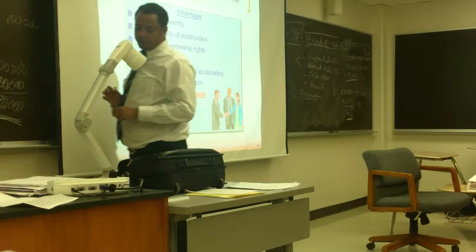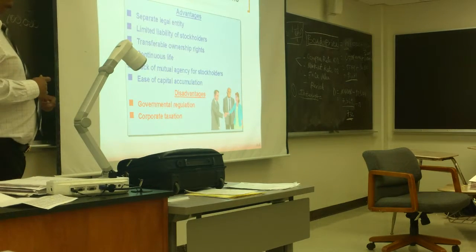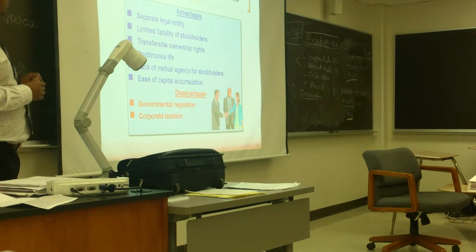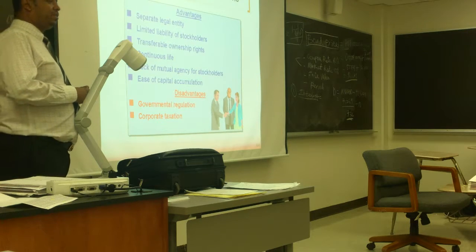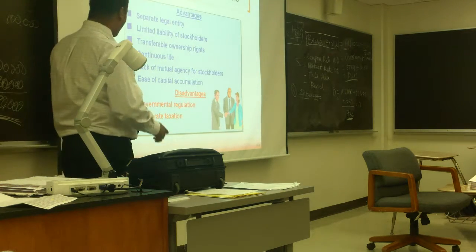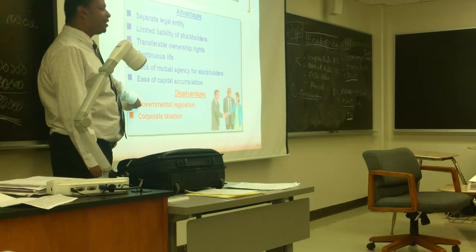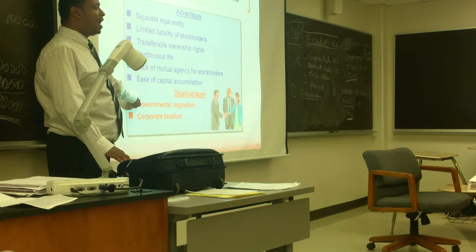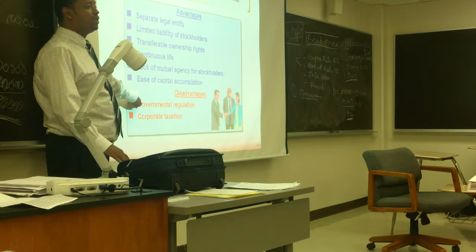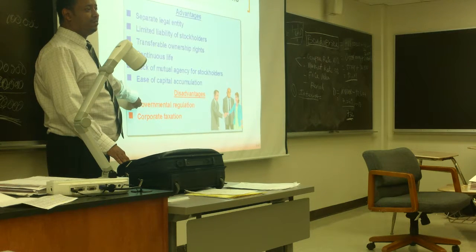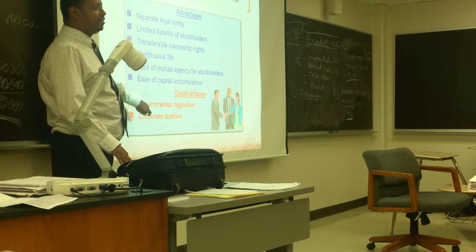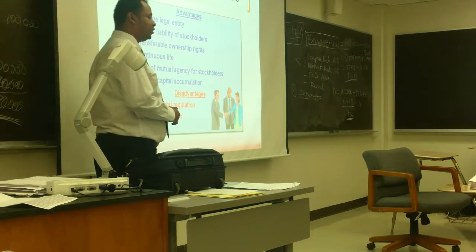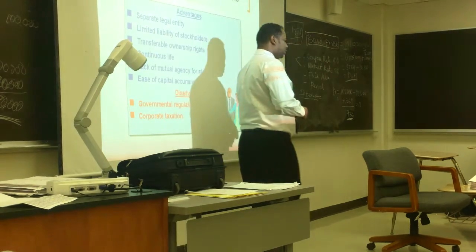But we have also disadvantages. Government regulation and corporate taxation. We have strict government regulation on corporations because they are a huge amount of taxpayers. So because of that, government has strict regulations on corporations.